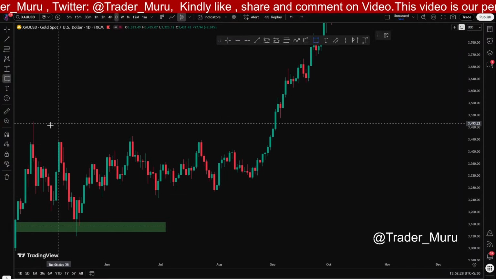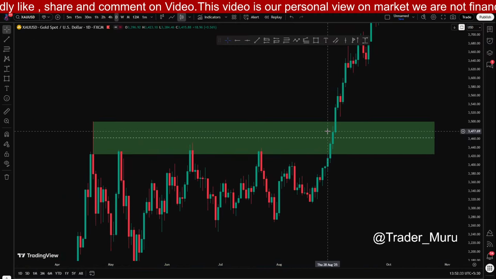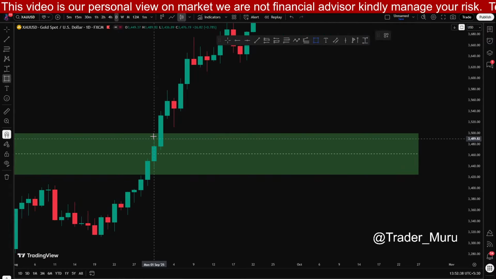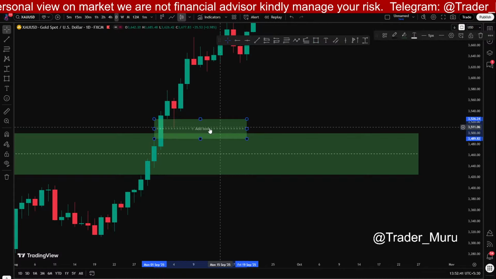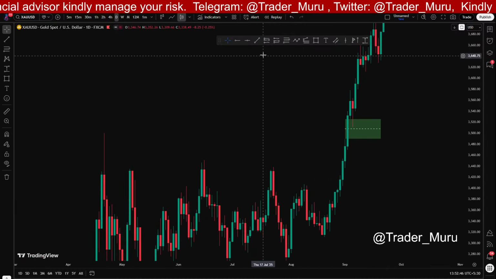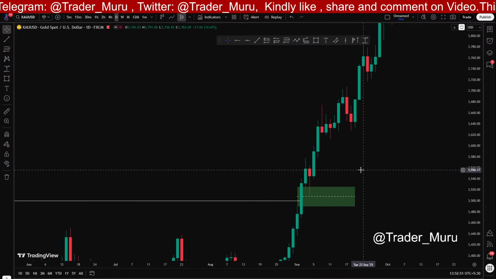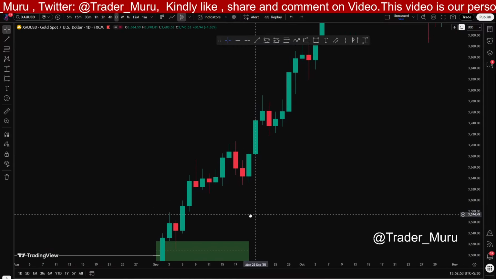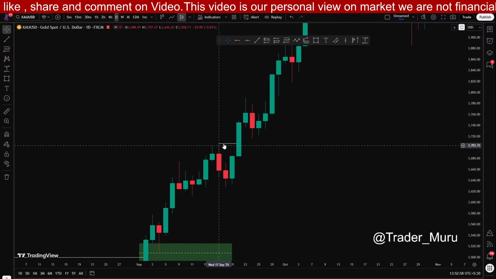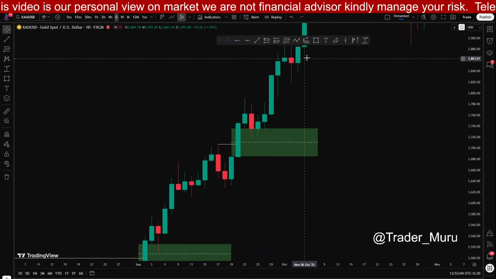Here again you have this mitigation block, and this break of structure candle is having FVG. So you should be watching for buy if price tests it. This is your break of structure. Same thing here. This is your break of structure, structural area, and this is your FVG. Price should test it and move.